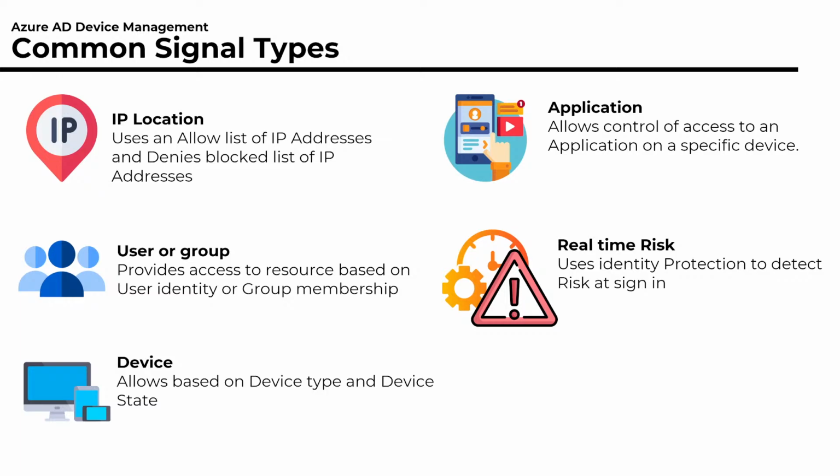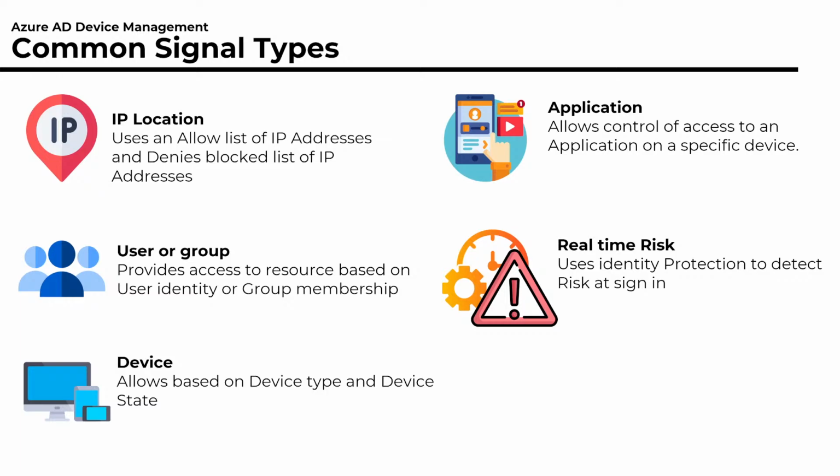And also we can set the access policy based on the device type and the device state. So let's say I have a web application, and I want the users to access the web application only through the laptop, not from the mobile or the iPad or tablet. In that case, I can set up the conditional access policy where I will check where the request is coming from.